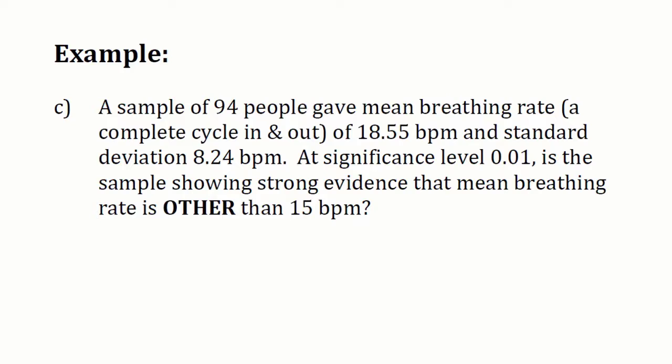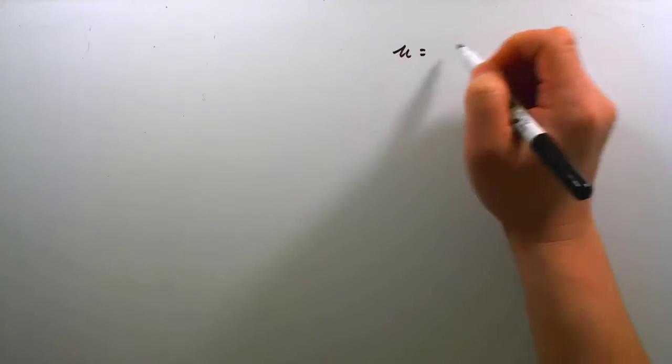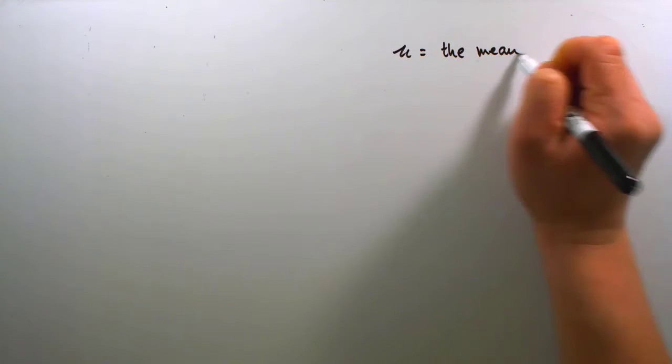Again, this is a question that's asking us to test a hypothesis, and here is the sample showing strong evidence that mean breathing rate. So mean breathing rate here is going to be our mu. And so let mu here be the mean breathing rate.